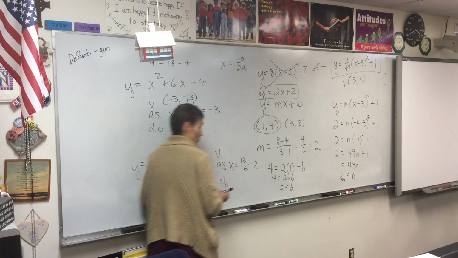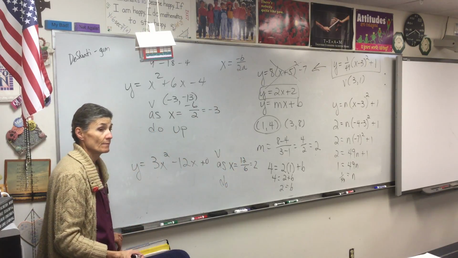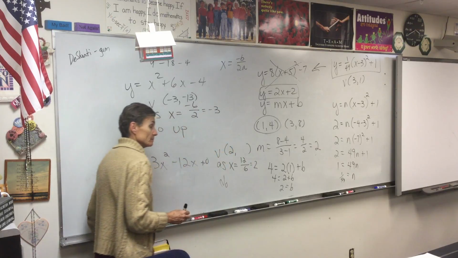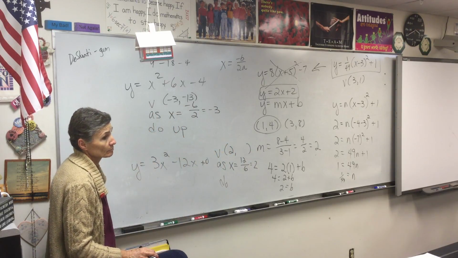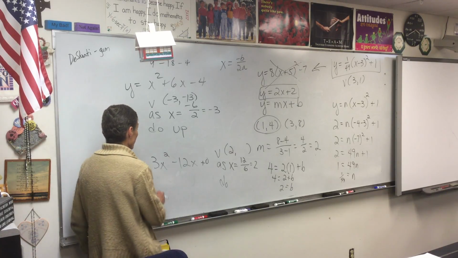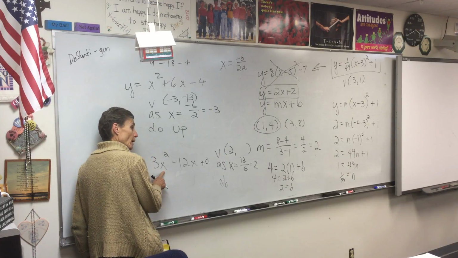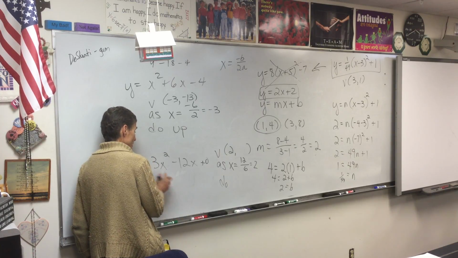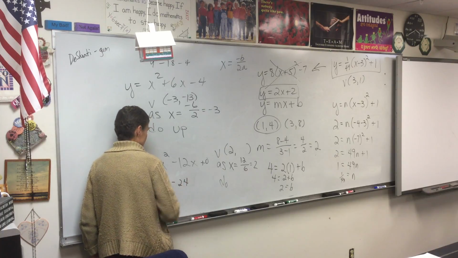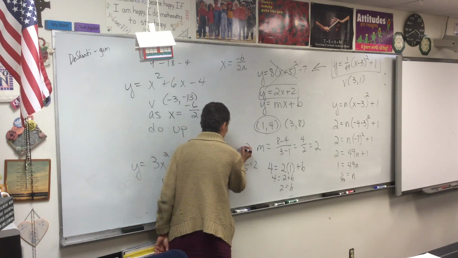So I got x equals 2, which means my vertex is 2 comma. 2 comma what? Well, 2 squared times 3 is 12, minus 24 plus 0, so negative 12.